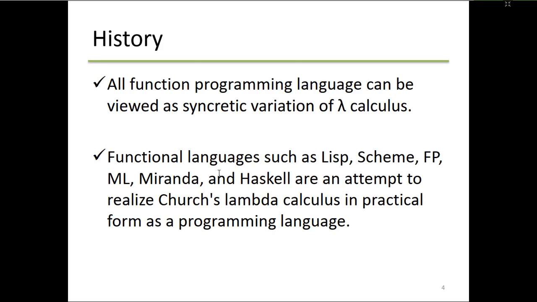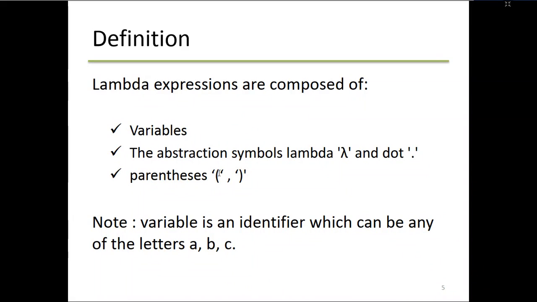That means they are trying to imitate or simulate the mathematical functions via functional programming languages. Basically, as we have seen while discussing the FPLs, lambda functions are nameless functions. These lambda expressions consist of variables, abstraction symbols such as lambda and dot, and parentheses. So these are the three most commonly identified elements in the lambda calculus.